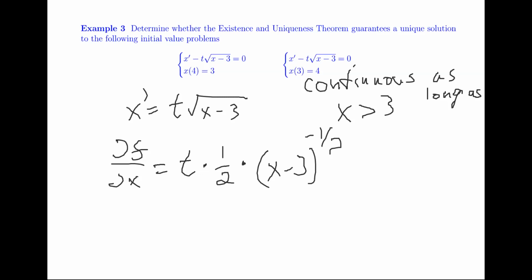And well, that's it then. Because if we look at this first one up here, we have t is 4, x is 3. So our existence and uniqueness theorem doesn't say anything because, again, we cannot find a rectangular region R around the point (4, 3) on which f is continuous. So this one is inconclusive.